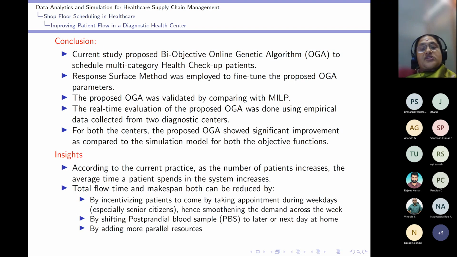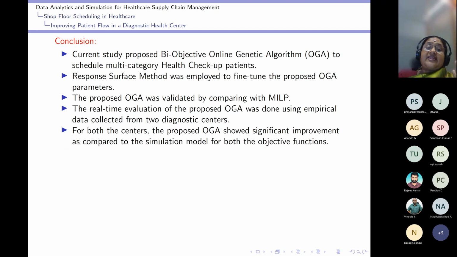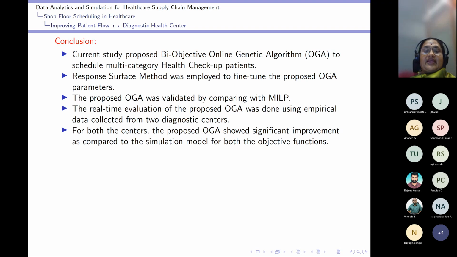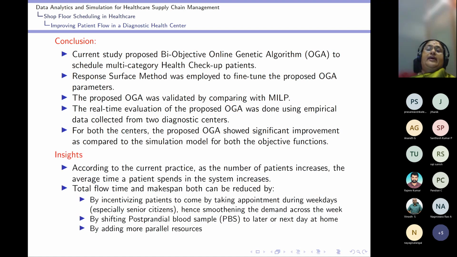The third thing was, how do I add more parallel resources? Because I see that adding parallel resources further reduces the time spent in the system for the same number of people. But here we need to do an economic analysis, because we are talking about adding capital intensive parallel resources. An MRI or a CT scanner or an X-ray are capitally intensive.